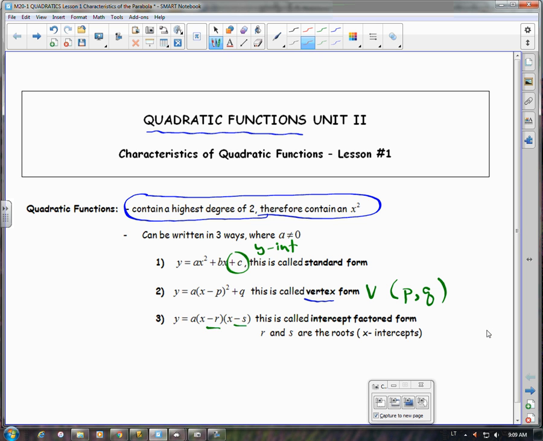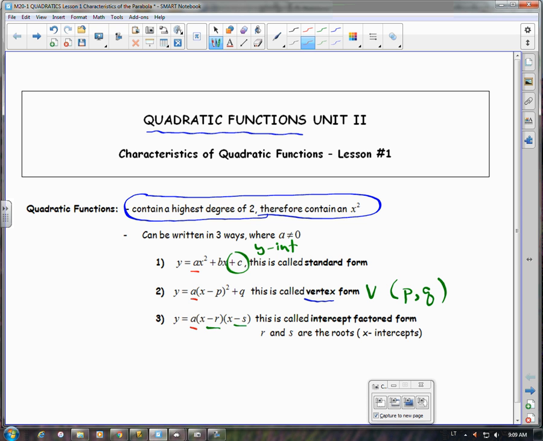And again, we'll get into that as we go through this unit. There's one characteristic though that's actually common to all 3 forms. And that characteristic that's common is this parameter of a. Right, so a is really the only thing that's common to all 3 forms. And as we go throughout this unit, hopefully at the end of this unit, you'll be able to say, I know what the a stands for.